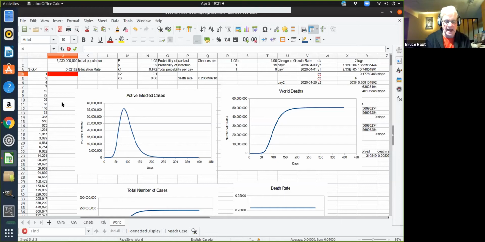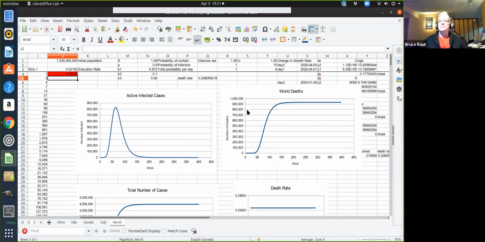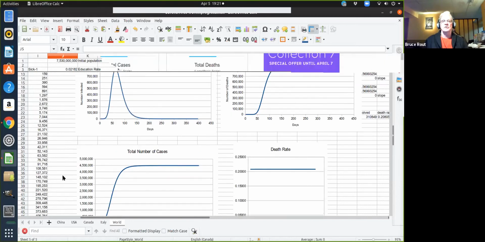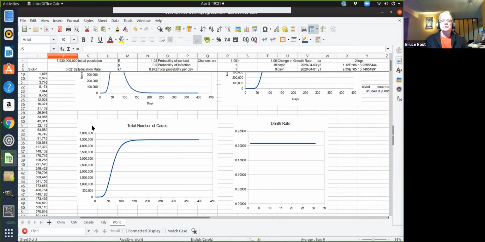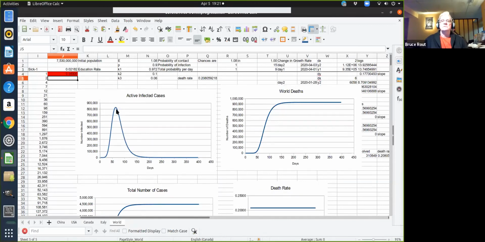Let's move that up to 0.5% to increase that, and now we've killed it because that's fewer people than the number of deaths that we've already had. We're now down to a total number of cases of 4.5 million, and the number of active cases is now less than 1 million people. So this number here, which I'm calling the education factor, is a factor of how the society acts in a united way to kill this thing.